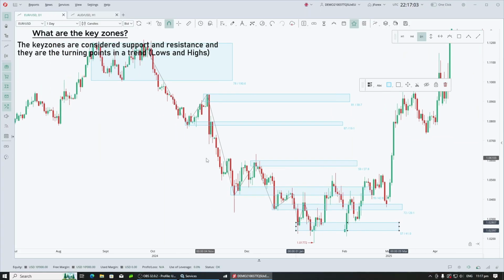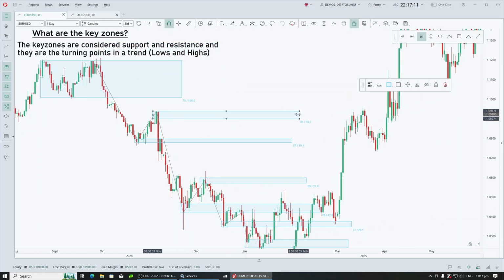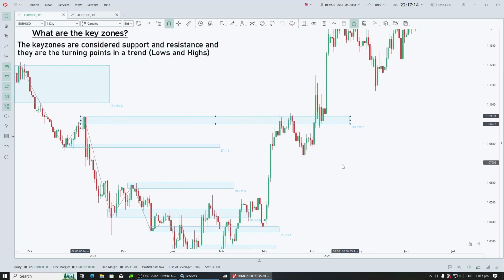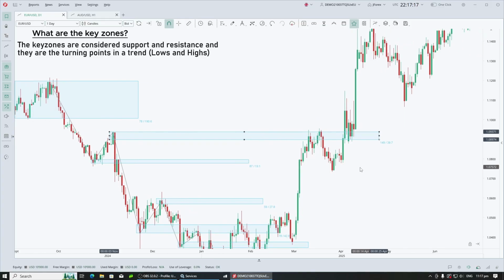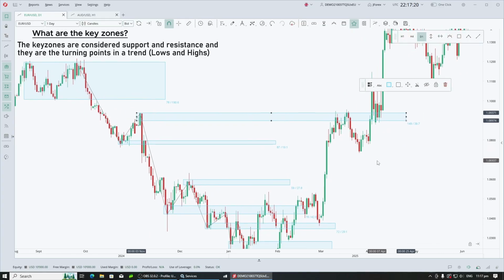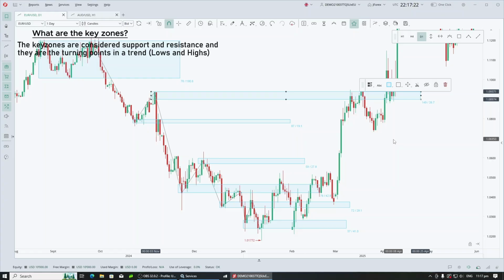The market has used these prices in these zones to redirect itself. So the chances are high that when the market comes back to the price, it's going to reject properly off that area. That is the second thing you need to know about the key zone, because if you cannot align the trend with other factors you use for trading, it could be other confluences, then your strategy is not properly aligned with the market direction.